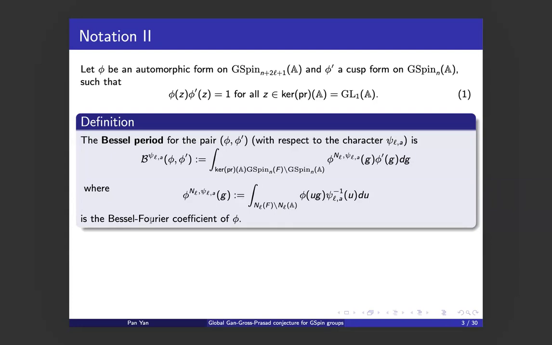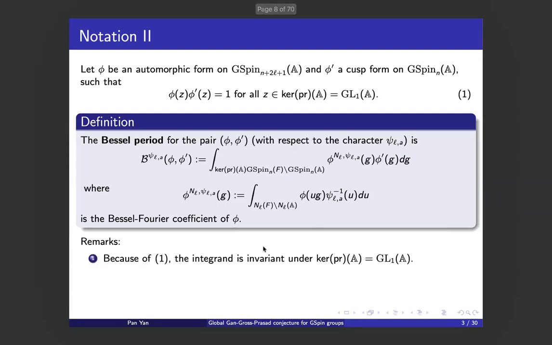Because of assumption 1, the integrand in the Bessel period formula is invariant under the kernel of the projection, so that we can quotient this out.